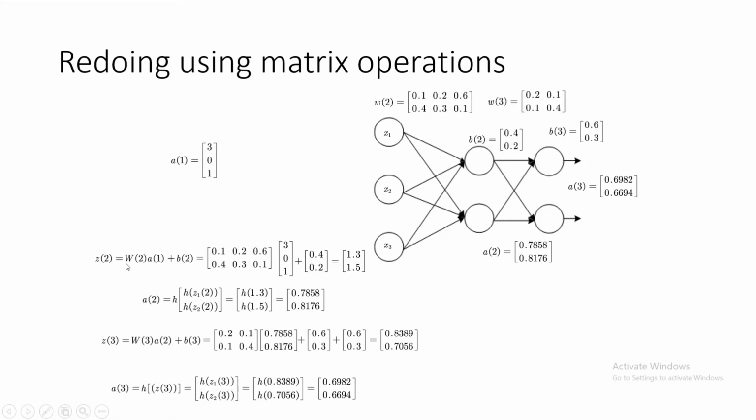Here we use a 3 by 2 matrix, and here a 2 by 2 matrix, and we have the column vector, and finally we obtain the final activation output value. The result is the same, only we change the way of doing it, using the matrix form.